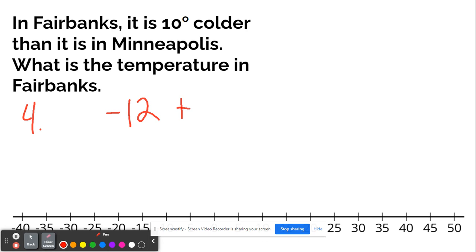In Fairbanks, it is 10 degrees colder. So if it's colder, that means the temperature is going down. So the bigger the negative number, the colder it is. So if I'm going to be 10 degrees colder, I'm going to add a negative 10. And negative 12 plus negative 10 is negative 22.